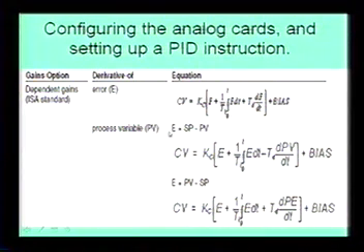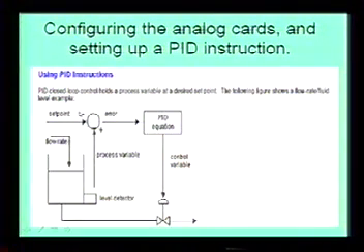The error E equals set point minus process variable, and your control variable equals Kc times E plus 1 divided by Ti times the integral of E with respect to t, minus Td times the derivative, dPV divided by dt, of the process variable, plus the bias.